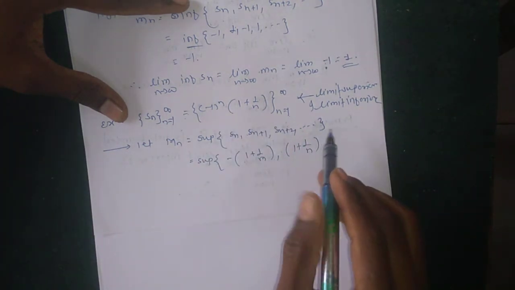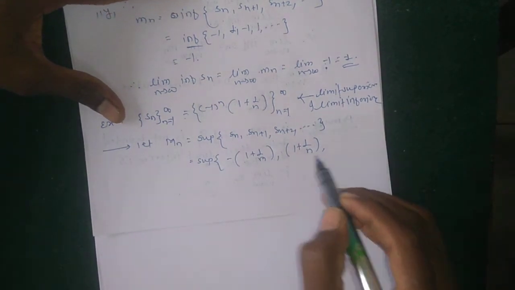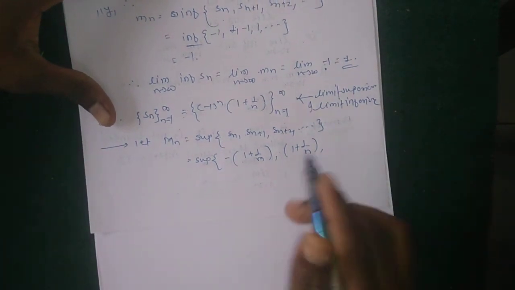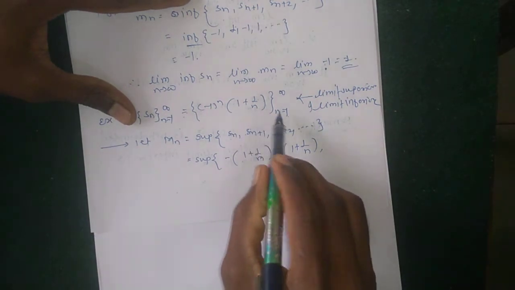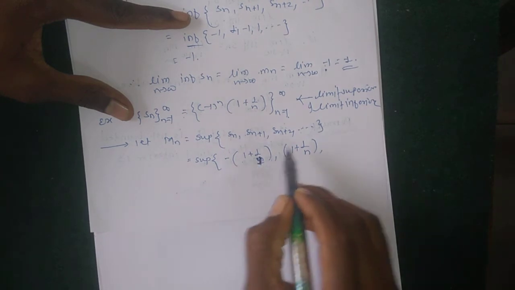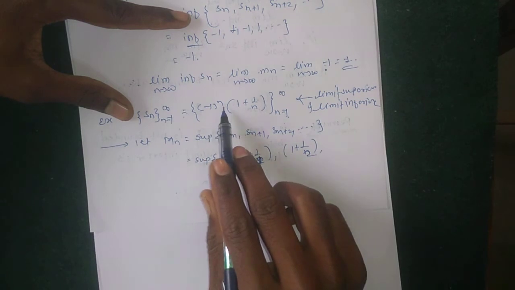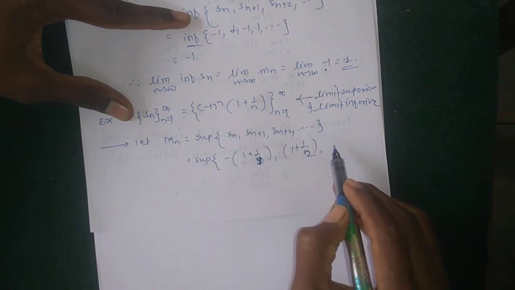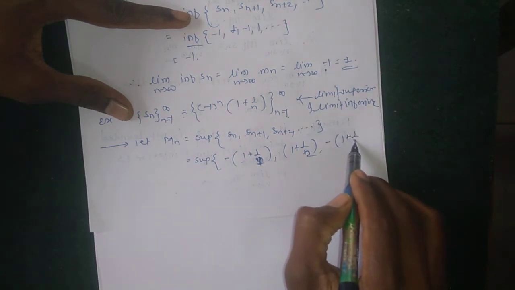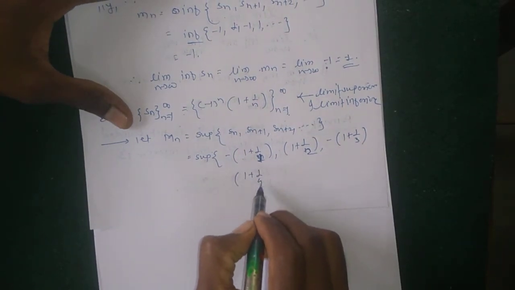This depends on whether n is odd or even. Suppose n is equal to 1, then the value is -1 times (1 + 1/n). Then for n equal to 2, (-1)^2 times (1 + 1/2). Then for n equal to 3, -(1 + 1/3). If n is equal to 4, then 1 + 1/4.